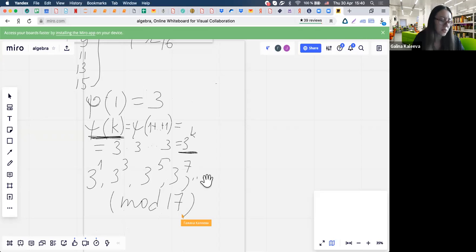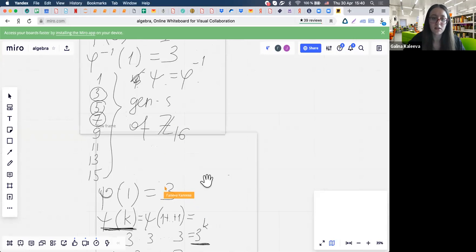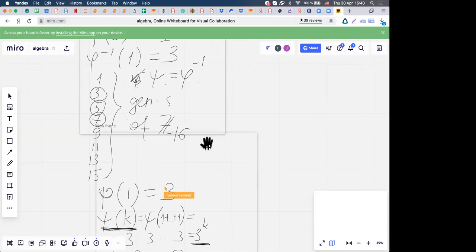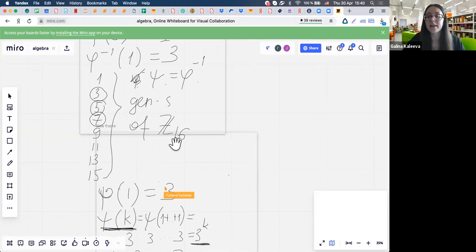It turns out that not all of them are prime numbers. Here in this column, 1, 3, 5, 7, 9, 11, 13, 15. The question is about them, yeah? They are not prime, strictly speaking. They are coprime with 16. And they are generators of our cyclic additive group of order 16.